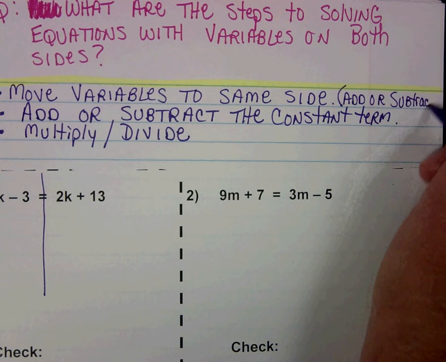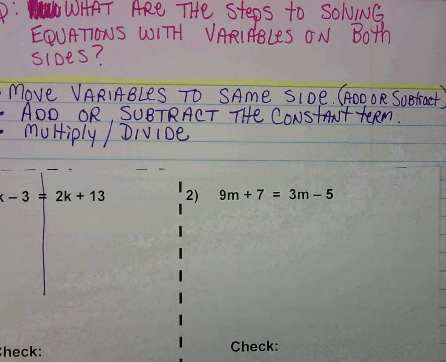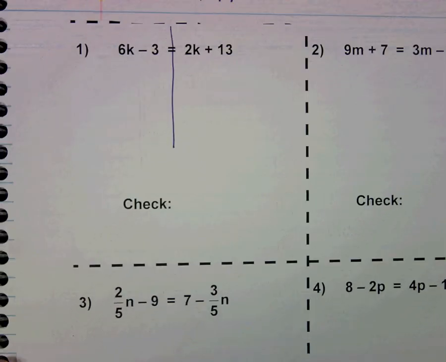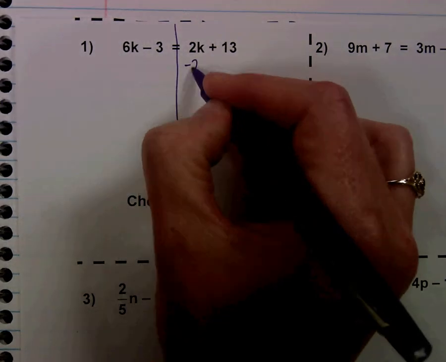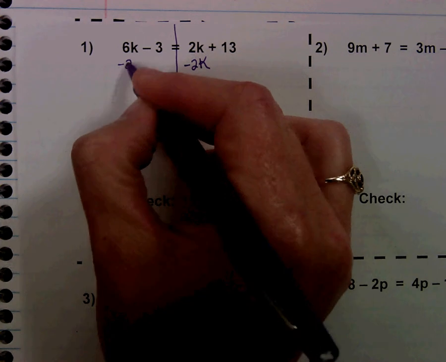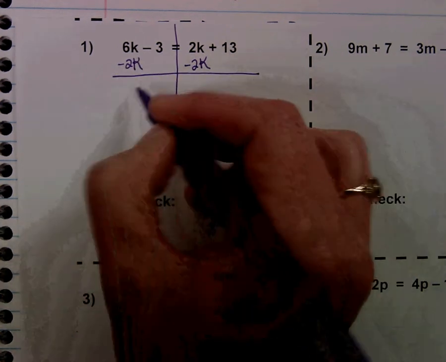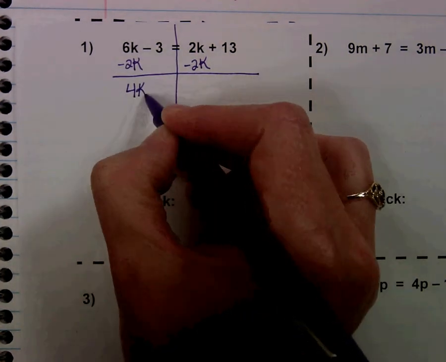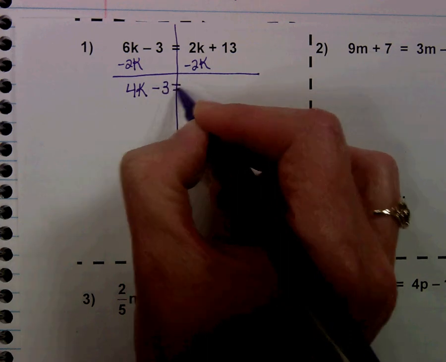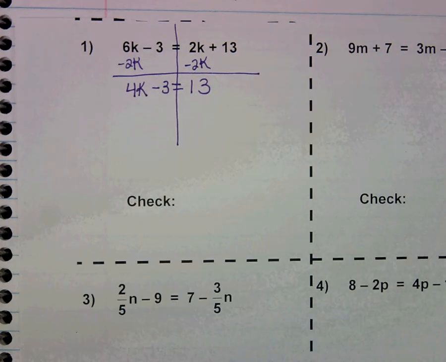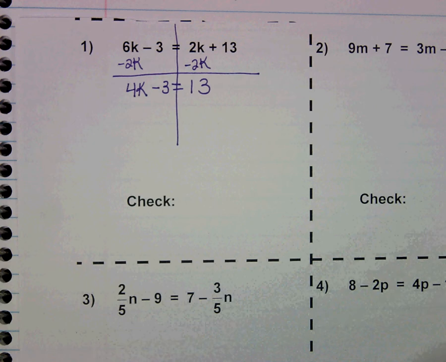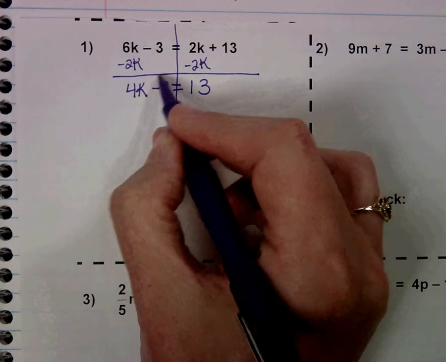Okay, we've already been doing a lot of this, so it shouldn't be uncomfortable. So since it's a positive 2k, I'm going to subtract 2k. That leaves me with 4k minus 3 equals 13. And now this should look like a real easy equation to you. Now we're going to add or subtract the constant.